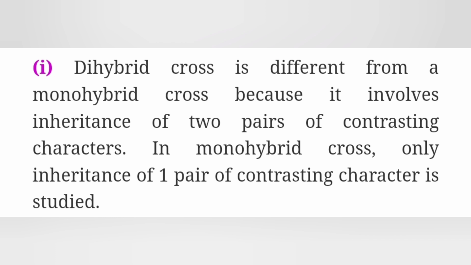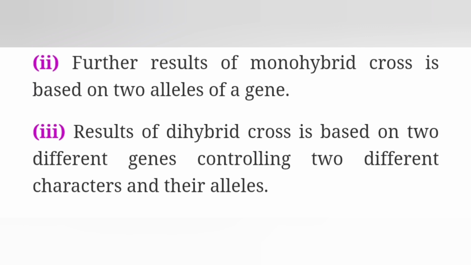In a monohybrid cross, only inheritance of one pair of contrasting characters is studied. Second point, the result of a monohybrid cross is based on two alleles of a gene. Third point, results of a dihybrid cross are based on two different genes controlling two different characters and their alleles.